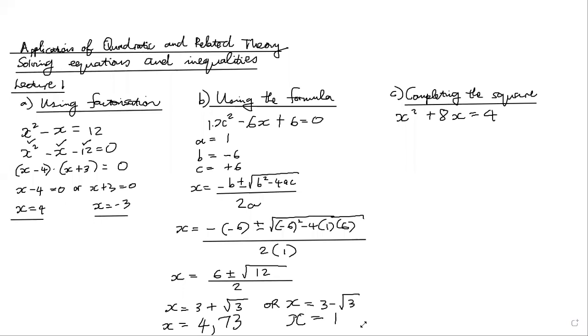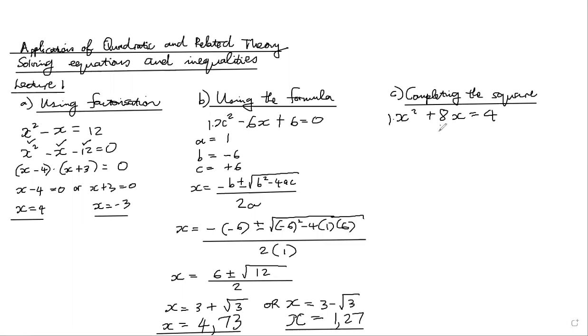All right, so let's go now to completing the square, solving equations, quadratic equation in particular, by completing the square. So here we could leave the plus 4 on the right side. Note the coefficient of x squared is positive 1. The coefficient of the x term is 8.